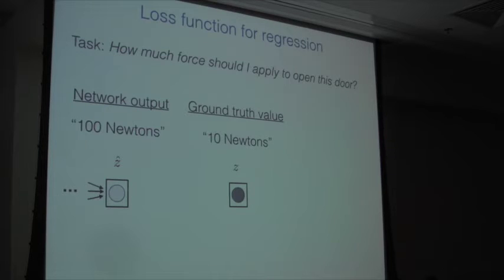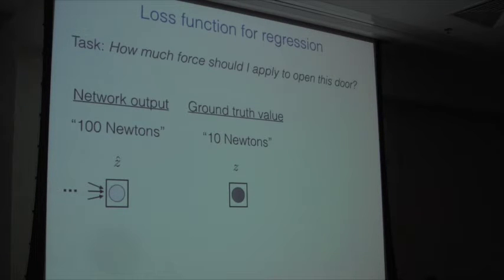And all you have to do here is say, well, this is a regression problem. You're trying to predict a number. You're trying to predict how much force I should apply, given an input image. So now you want the network at the end to produce a single number. So we just decide that the network should map entirely down to a single neuron. And we just assign that neuron the semantics of a number of newtons that are predicted to be needed to open the door.